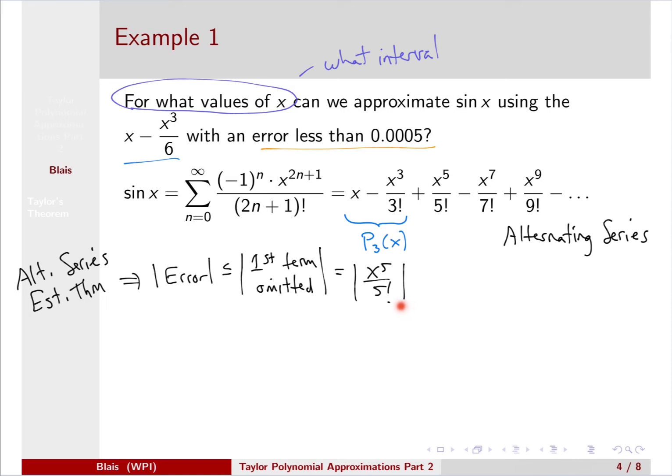But we can force this term to be smaller than the error tolerance that we seek. So we could set this to be less than or equal to 0.0005. And it's key to recognize that this is the inequality that we are setting.